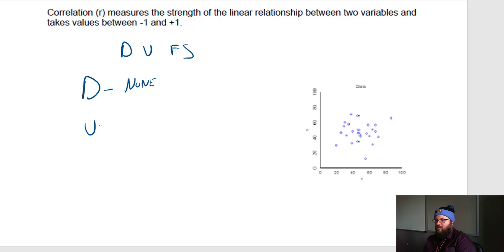As far as unusual outliers, yeah, you could possibly have an outlier. You could maybe have an outlier here. That could possibly be an outlier. So I'm going to say one possible outlier.